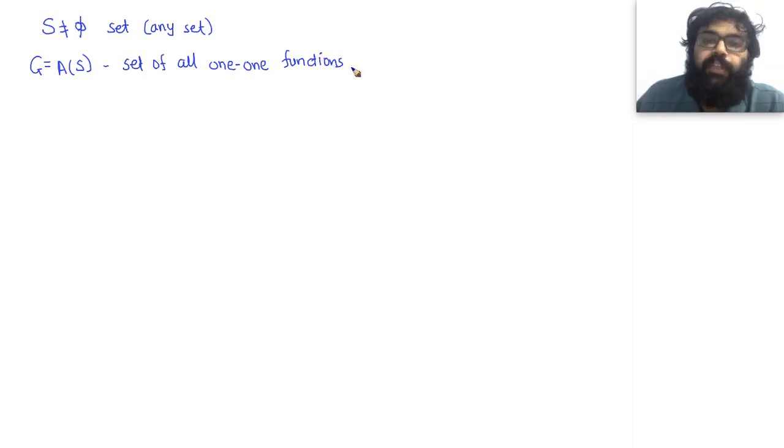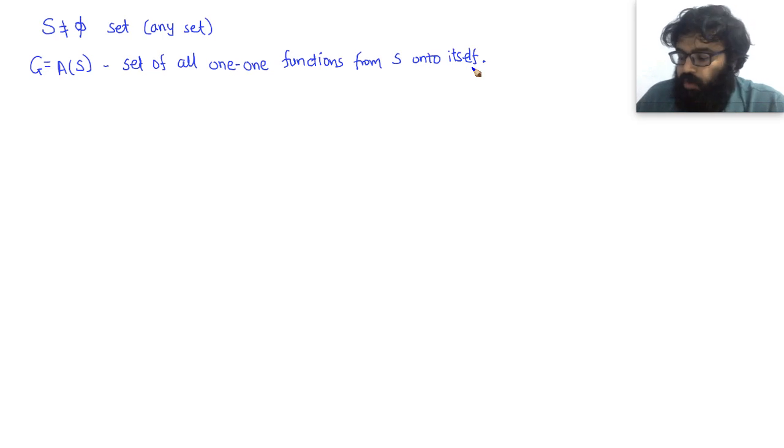It is also written as the set of all one-one functions from S onto itself. This is another way of writing it, meaning the set of all one-one and onto functions from S to S. In the last lecture we saw that this A_S is a group with respect to composition of functions.